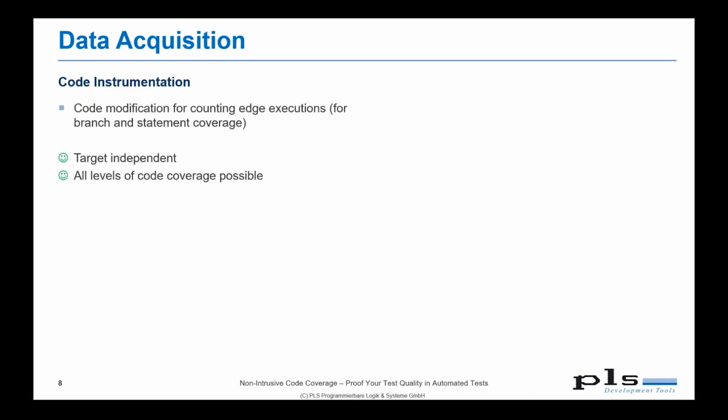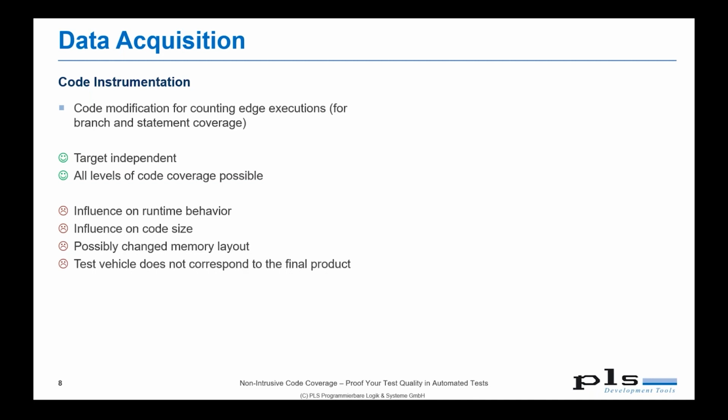But if you change to real hardware, then I guess you get some undesirable things. Because of the code instrumentation, the runtime behavior is changed. The reason is that you add some code to instrument your application to observe the execution of the control flow graph, and that needs time, so you change the runtime behavior.